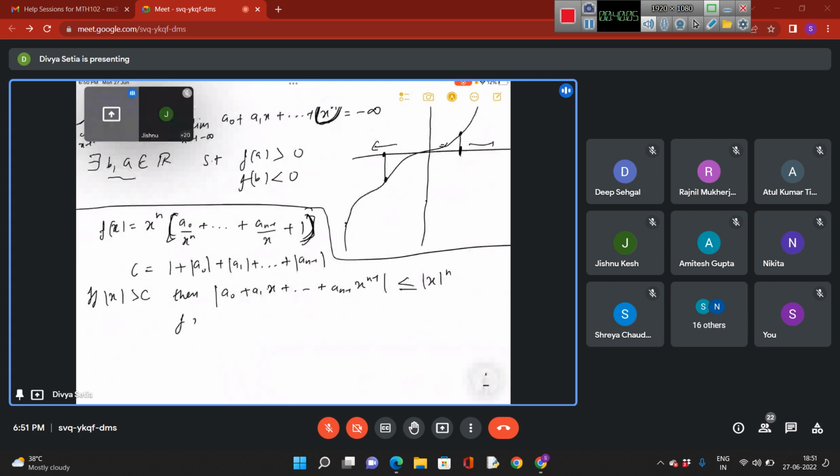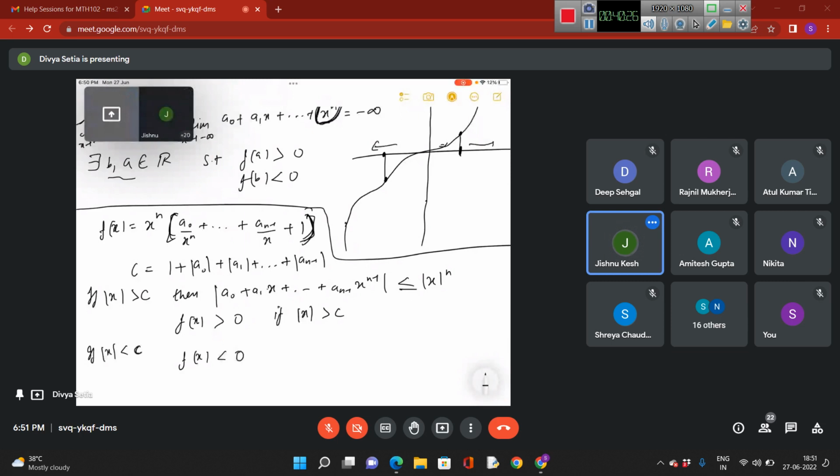So then your functional value is greater than 0 if mod x is greater than c. And similarly, you can construct the next case, x less than minus c, and then f(x) is less than 0.